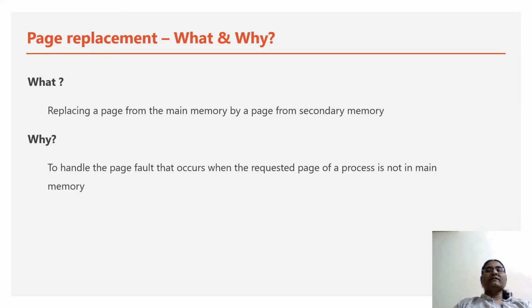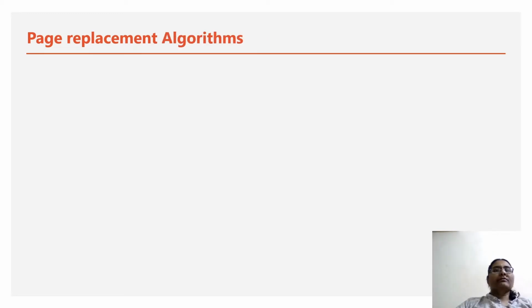If a page fault occurs, then obviously the application will not be executed successfully. So in order to execute any application successfully, the operating system needs to handle this page fault. That's why the concept of page replacement was introduced.